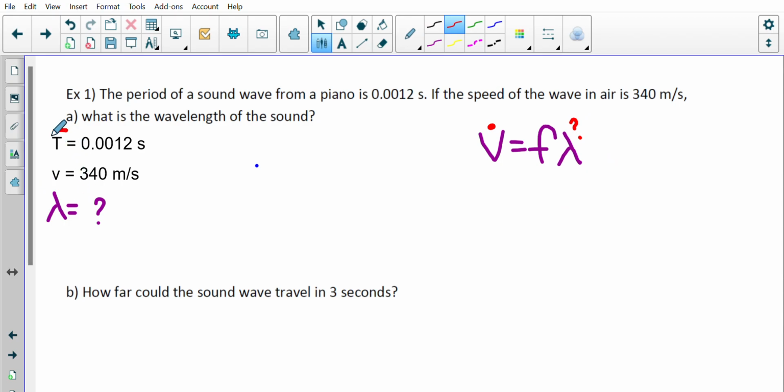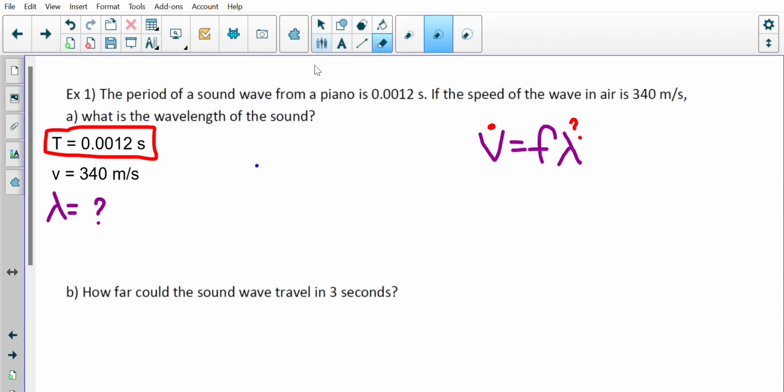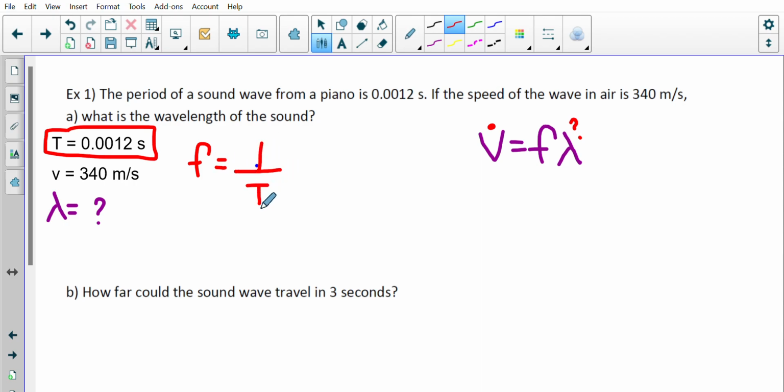I don't have the frequency, but I have the velocity. But with the period, I can find the frequency, because the frequency is just equal to 1 over the period, which would be 1 over a very small number, 0.0012.